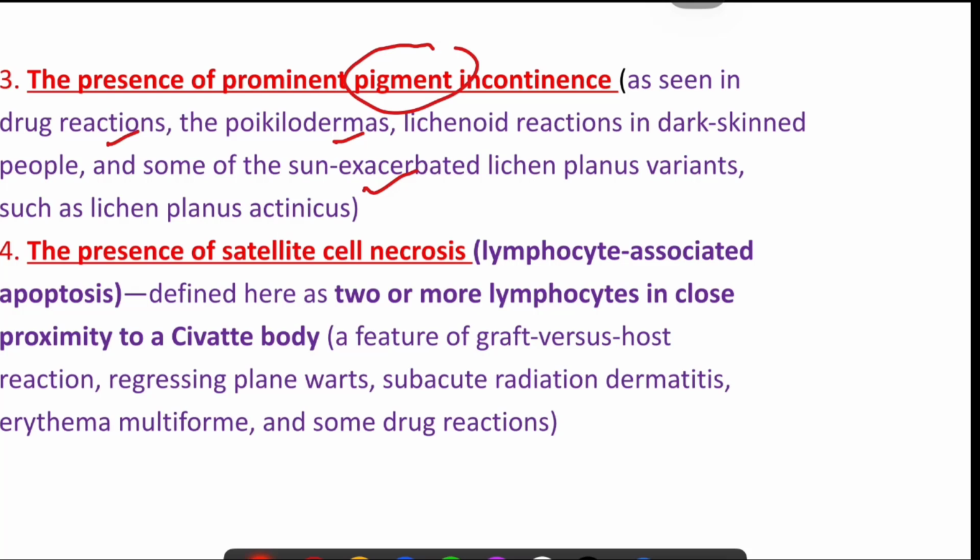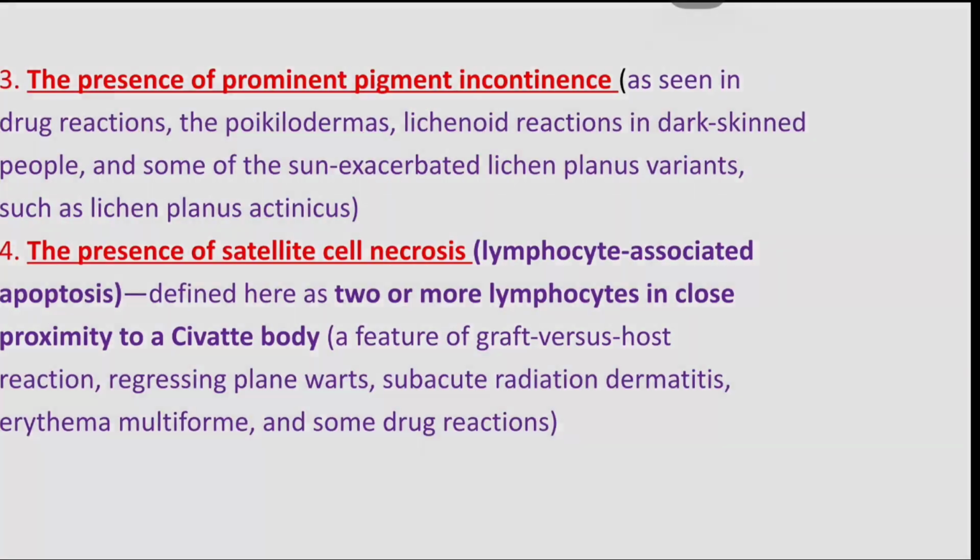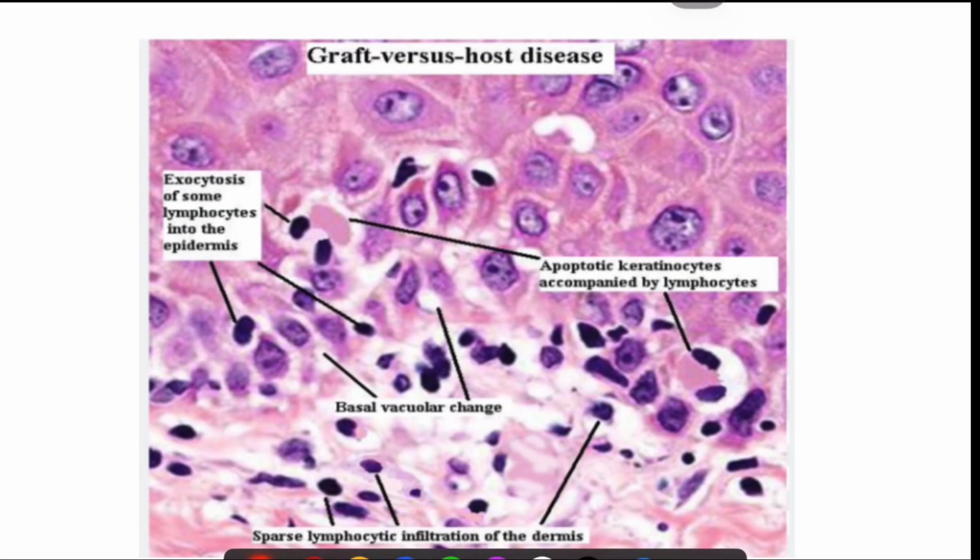You have to see also the presence of satellite cell necrosis, like lymphocyte associated apoptosis, which is defined as two or more lymphocytes in close proximity to colloid bodies. This is a feature of graft versus host disease reaction, regressing plain warts, subacute radiation dermatitis, erythema multiforme, and drug reaction. So this is how you can identify.